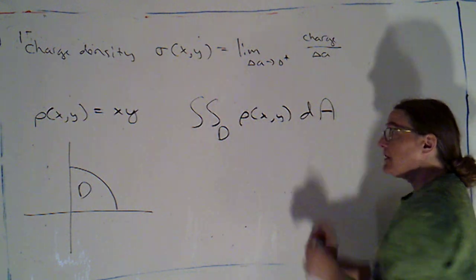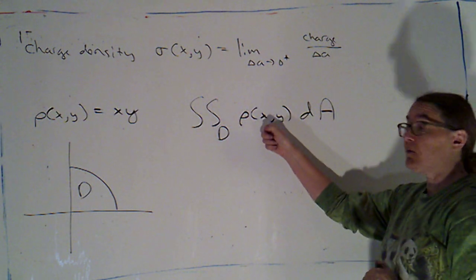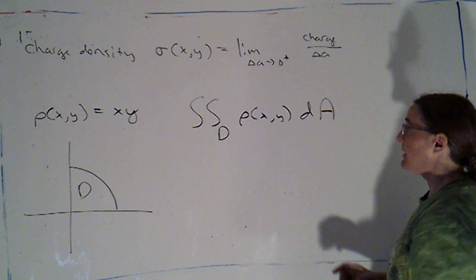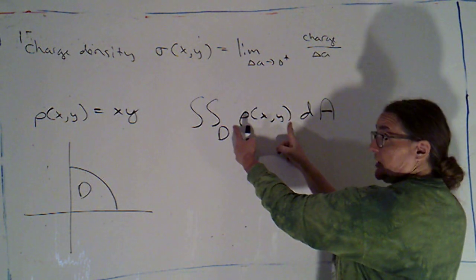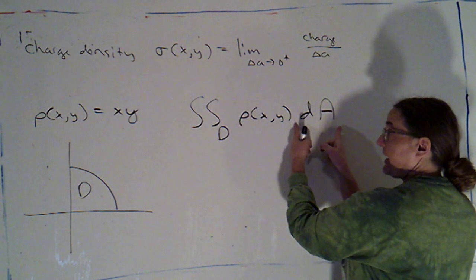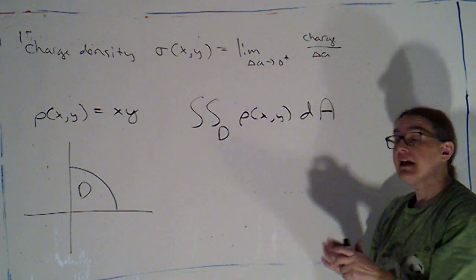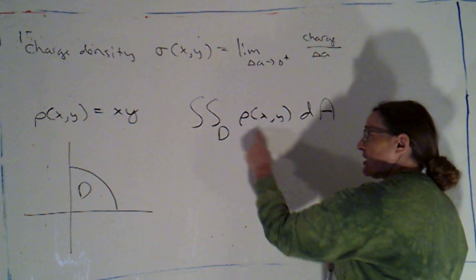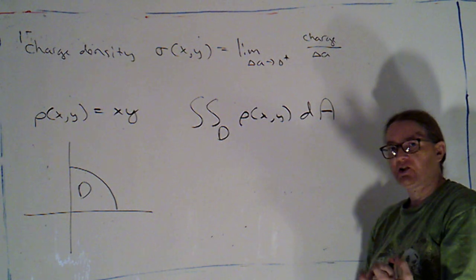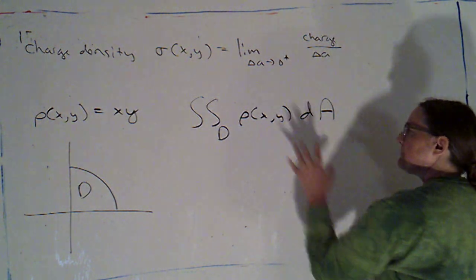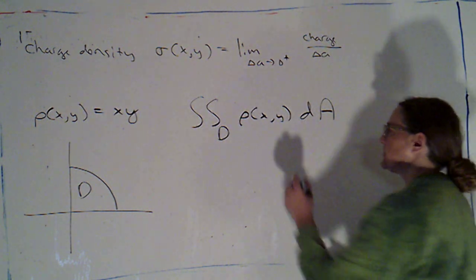And if this was constant, if we were working with a homogeneous lamina, then I could actually just multiply this by the total area and get the same thing. It's when something is changing that we would usually use multiplication. When it's changing, we replace multiplication with integration.